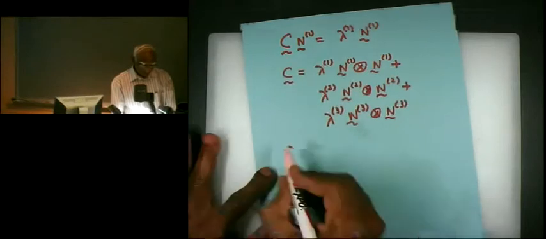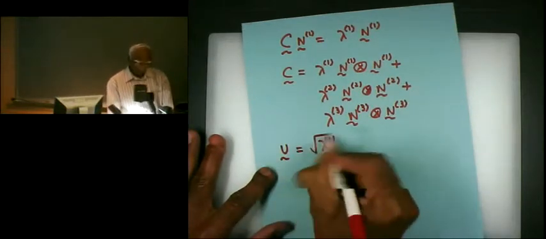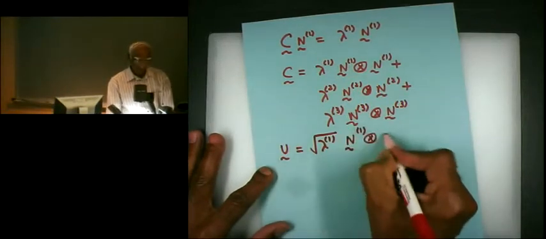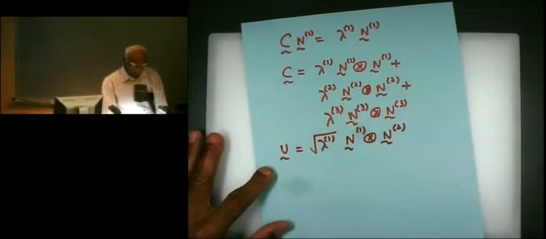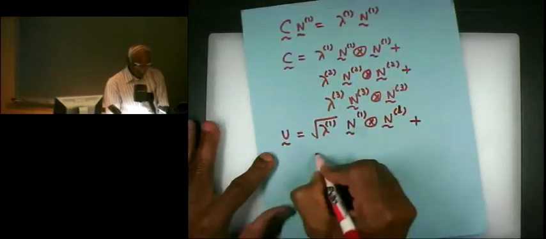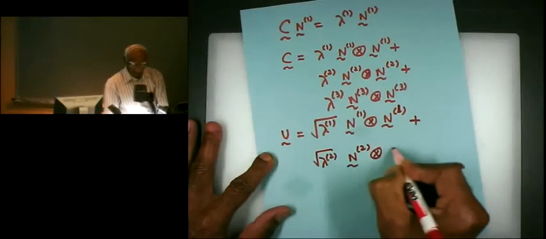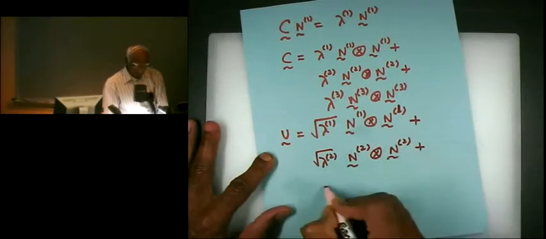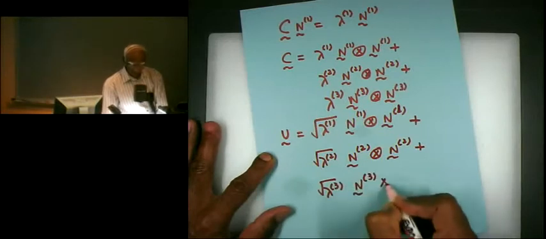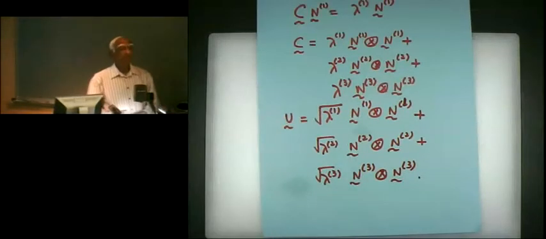Then U is square root of lambda 1 n1 tensor product n1, plus square root of lambda 2 n2 tensor product n2, plus square root of lambda 3 n3 tensor product n3. And that should work.